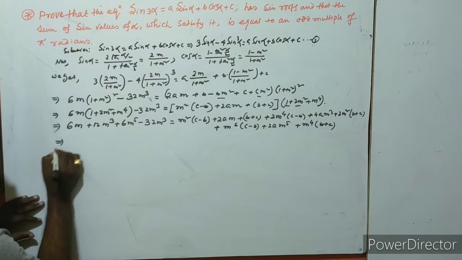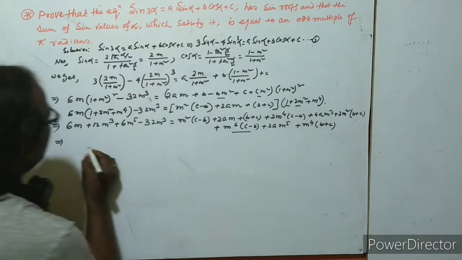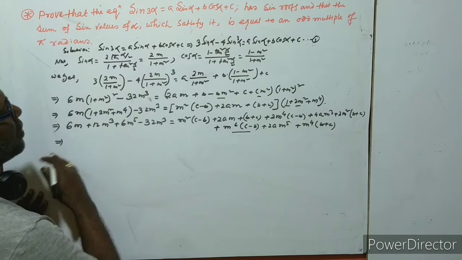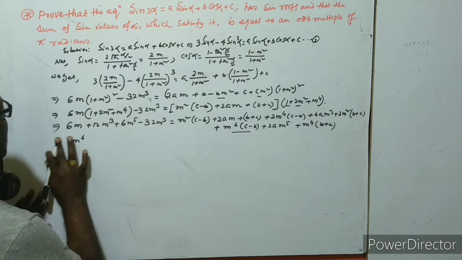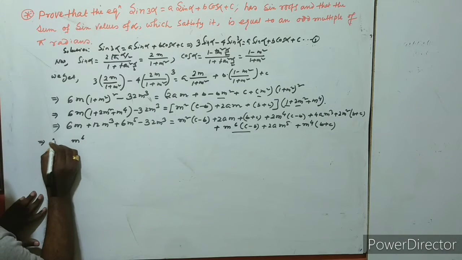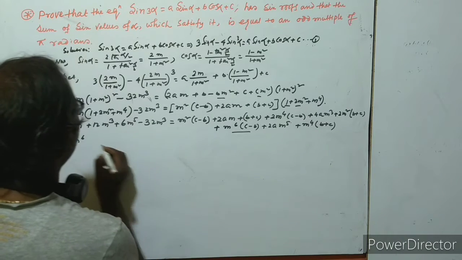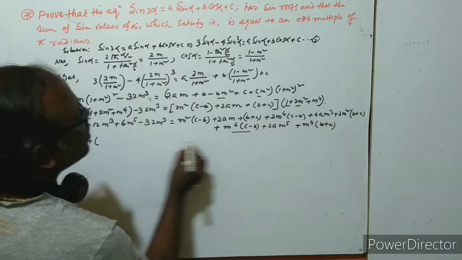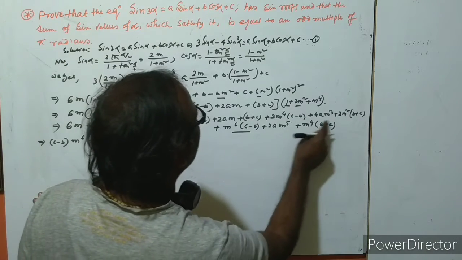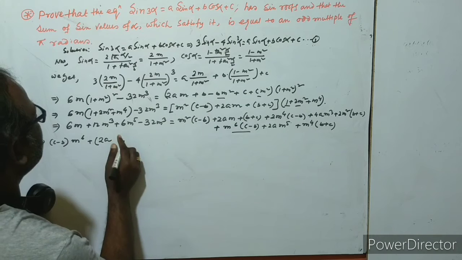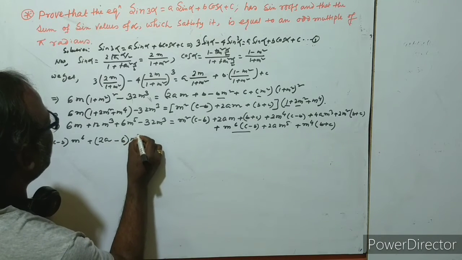Now again rewrite the equation. Here the highest power has 6, so this right hand side is transferred to the left hand side. m to the power 6, and the coefficient here is c − b, and now m⁵, look here, this is 2a, and this is minus 6, and this is m to the power 5.